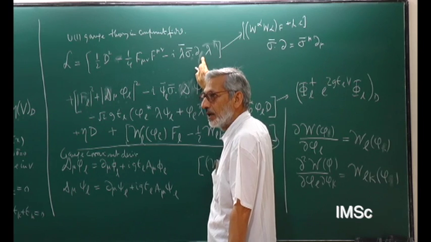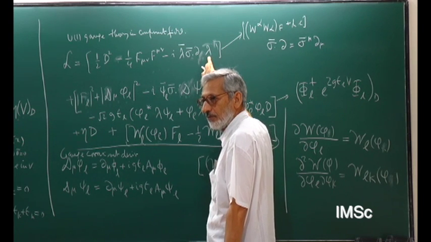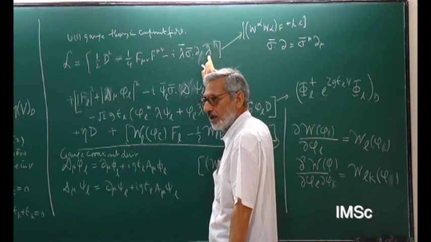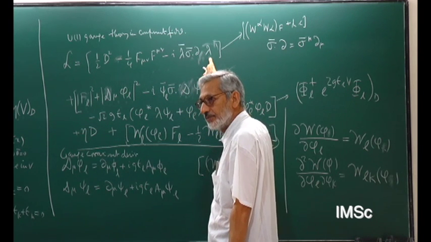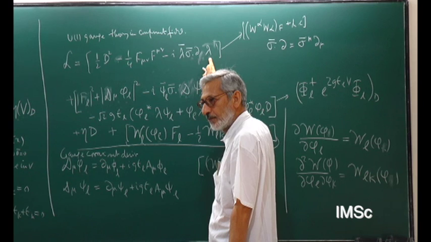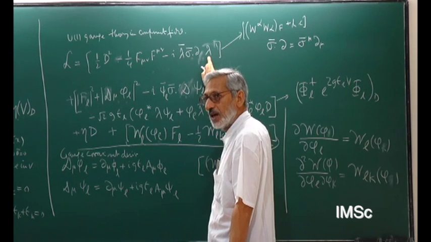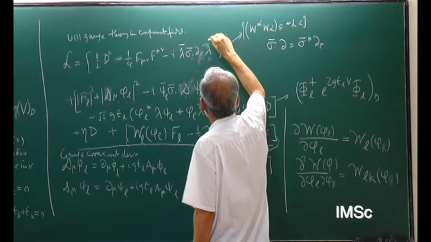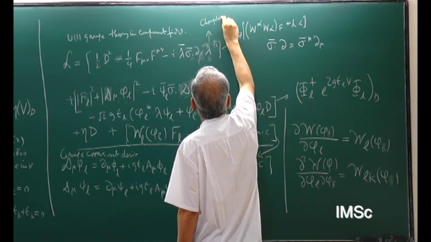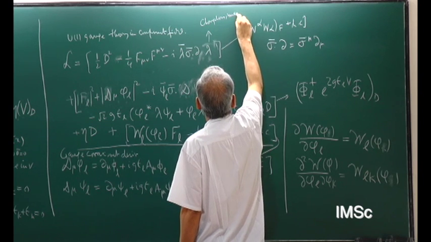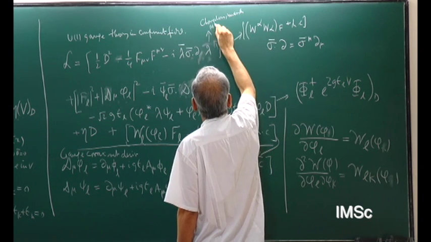That's because the gaugino, the superpartner lambda of the gauge field, is chargeless. There is no charge. It's a chargeless, massless Majorana fermion.